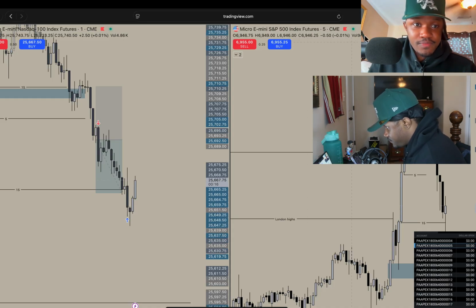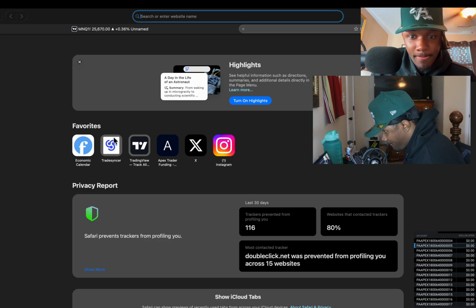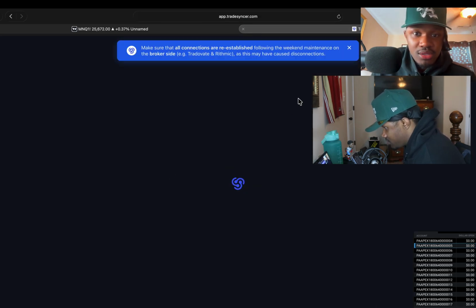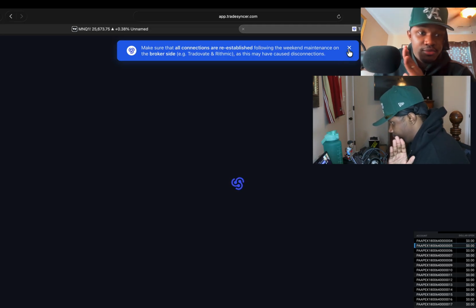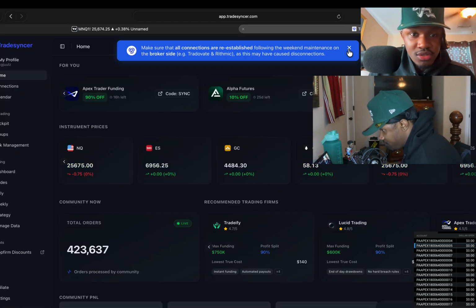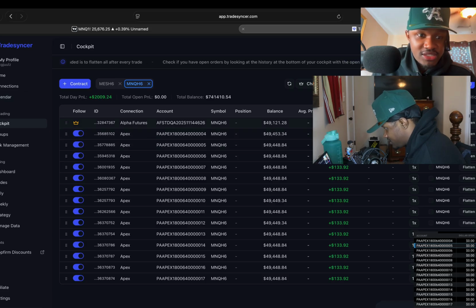Walk away. The P&L as of right now does not matter, but I'm going to show you guys anyway. It's not going to be anything crazy, not yet, but you guys are going to see me build this from ground zero to hero. So let's go to our cockpit, and you can see that we're up 133 across all accounts.